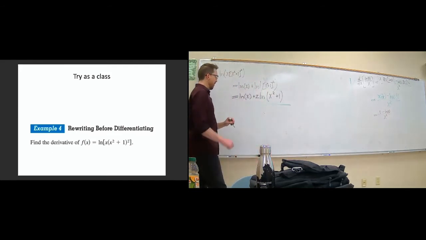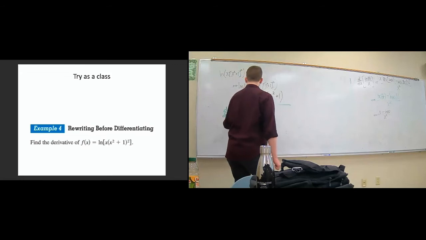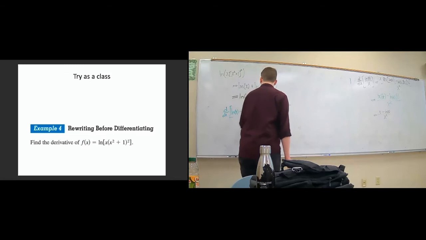So apply that. We're going to have dx of the ln of x plus 2 times the ln of x squared plus 1.